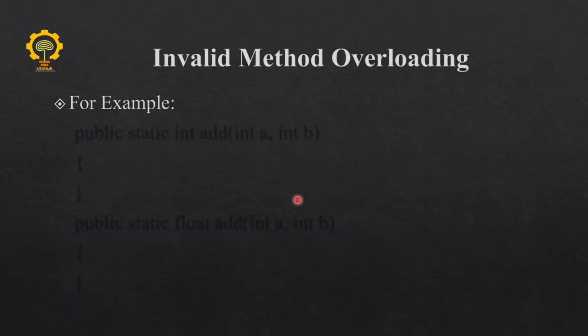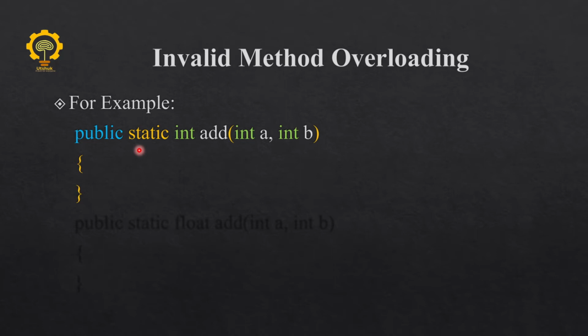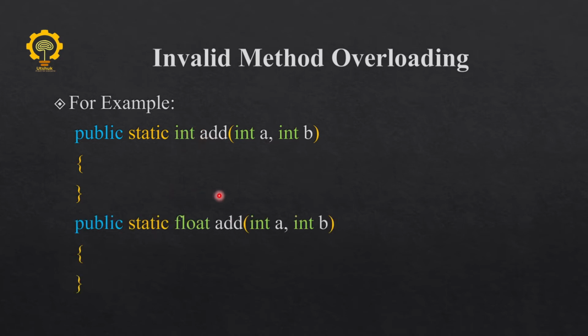There is also a way to overload a method that is considered invalid method overloading. We can define a method like this, which has 2 parameters of type int and the return type of this method is integer. Then if we define a method with the same name but only with a difference in the return type as float, and the parameters that the method takes are the same but the return type is different, then this type of method overloading is considered invalid, as this creates ambiguity while compiling.